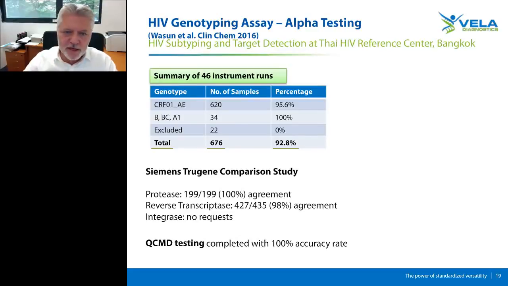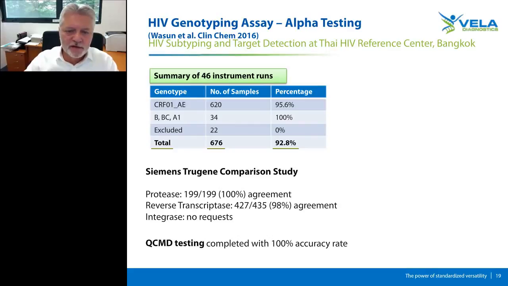This is some data from alpha testing using this assay, and this is data from Professor Basson at the Thai Reference Center in Bangkok. They looked at 46 instrument runs here, and interesting here is that in the Southeast Asia region, we have a prevalence of the CRF01_AE recombinant HIV type, which is not highly prevalent in other areas of the world.